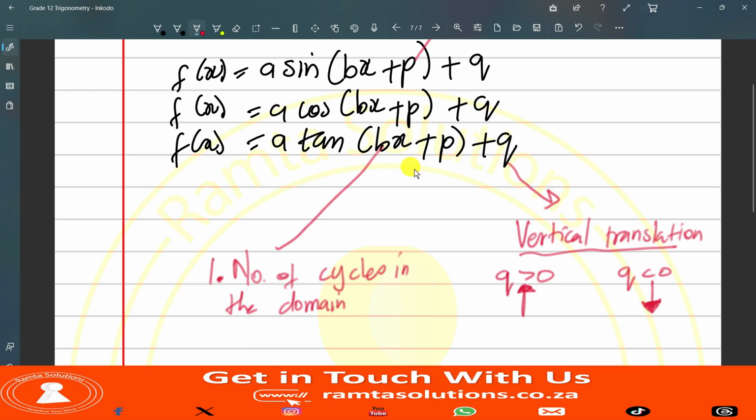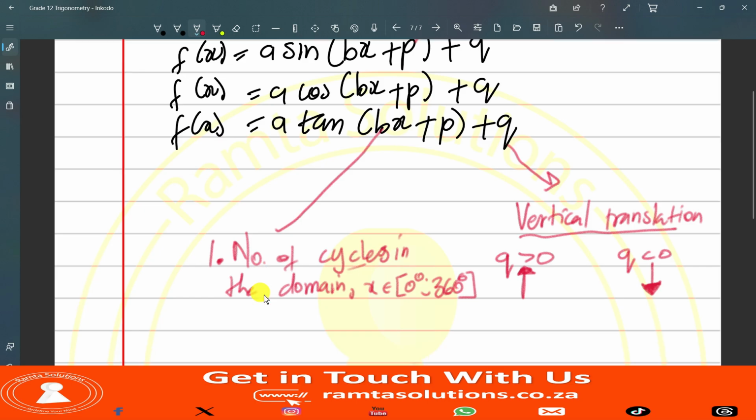Because I used x here, I will say in the domain x is an element of 0 degrees to 360 degrees, both included. It tells the number of complete cycles.